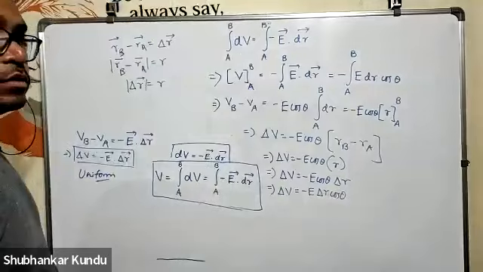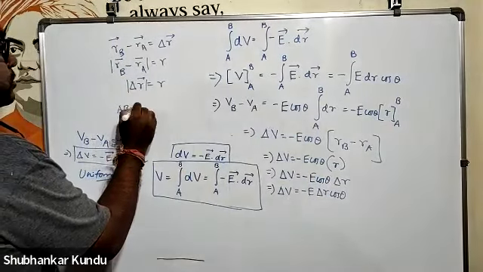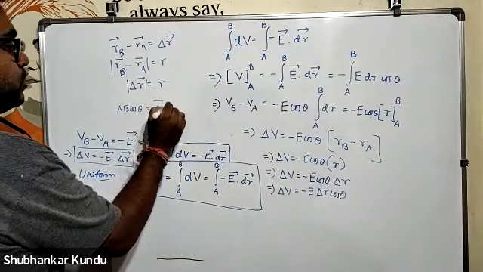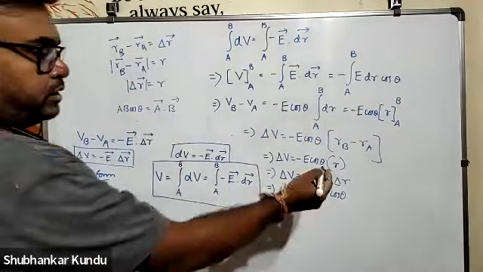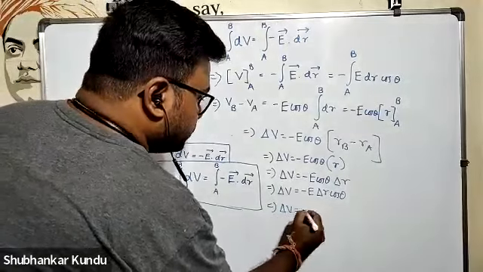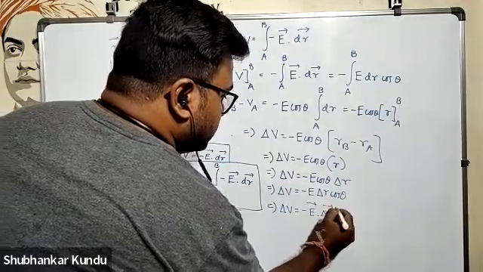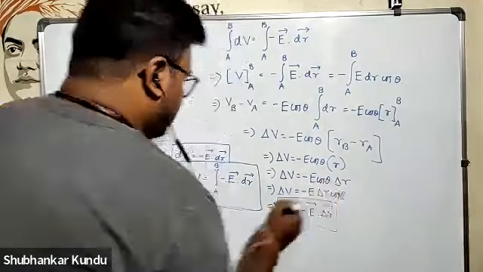Now, what is AB cos theta? AB cos theta can be written as A vector dot B vector. So E delta R cos theta can be written as minus E vector dot delta R vector.